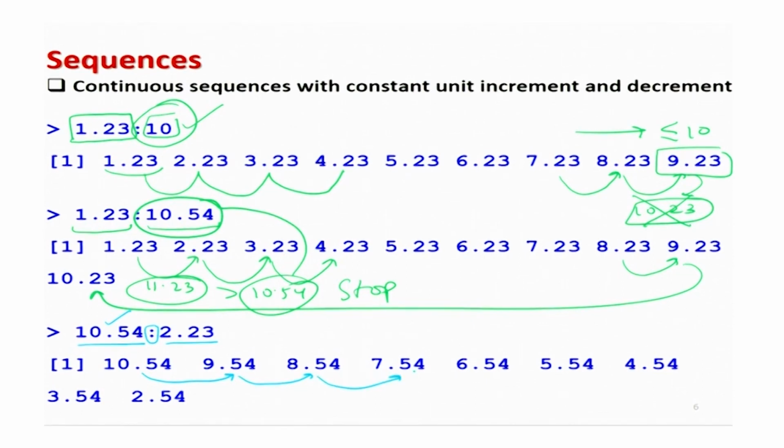It will continue, come to 3.54, 2.54, and after this the value is going to be 1.54. But what will happen here? You have to compare this 1.54 with this 2.23. So 2.23 is coming earlier, and after that this 2.54 is coming, so it will stop after this, right.